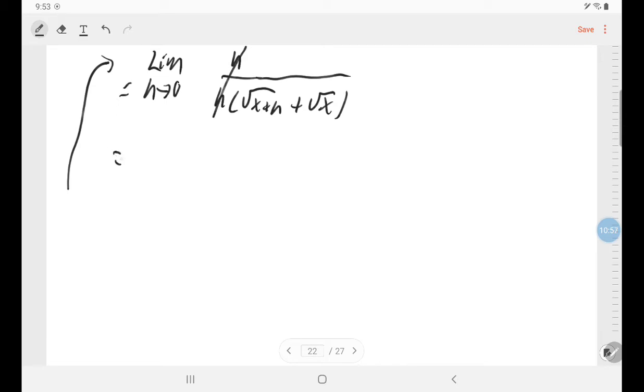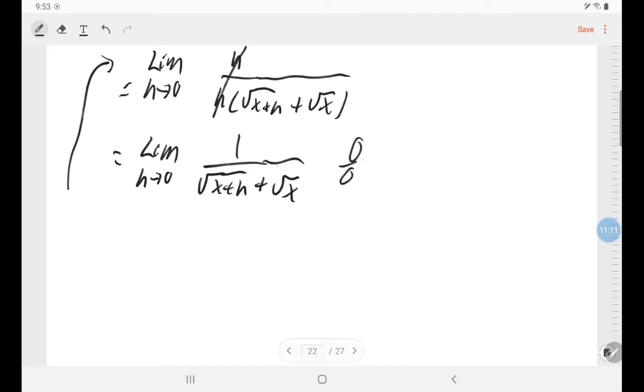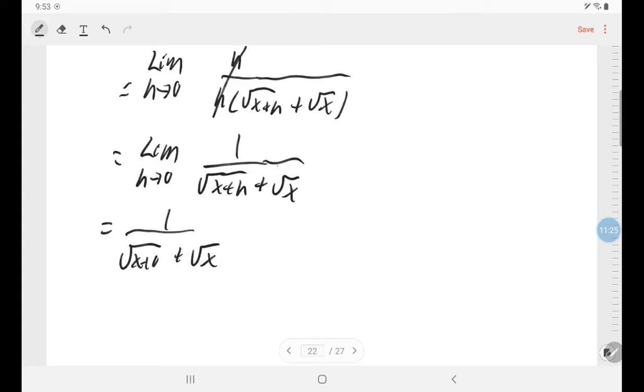That leaves me with the limit as h approaches 0 of 1 over root x plus h plus root x. Now I'm not going to get that 0 over 0 indeterminate form again. I can actually get an answer here. Plugging in h, that's 1 over square root of x plus 0 plus square root of x, which is 1 over root x plus root x, or 1 over 2 root x if I combine my like terms.